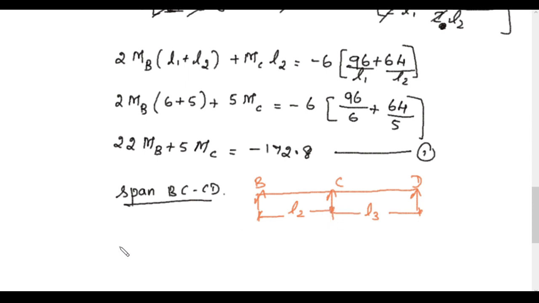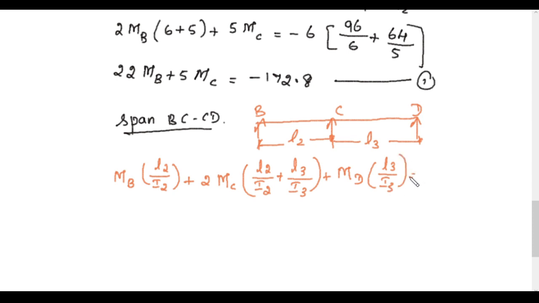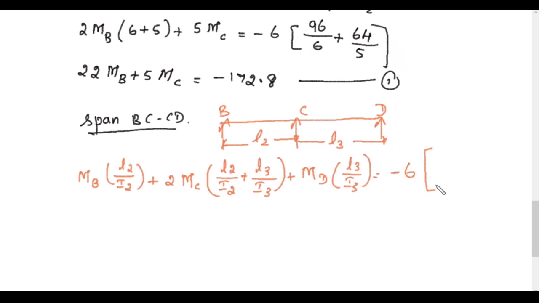So our equation of three moment becomes MB into L2 by I2 plus 2 MC, the intermediate support MC, into L2 by I2 plus L3 by I3 plus MD into L3 by I3 is equal to minus 6 into A2 x2 bar divided by I2 L2 plus A3 x3 bar divided by I3 L3.